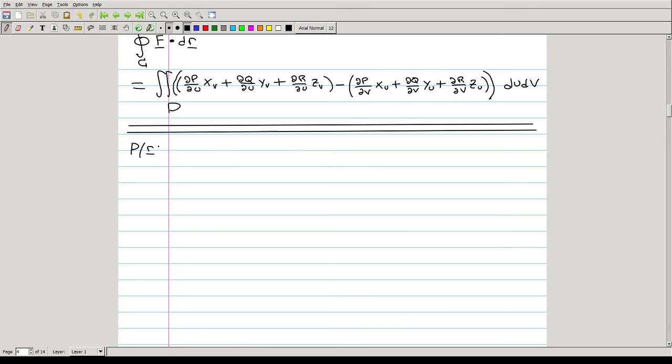It depends on position r, which depends on u and v on our surface. So this p depends on x, on y, and on z, each of which depends on u and v on the surface.